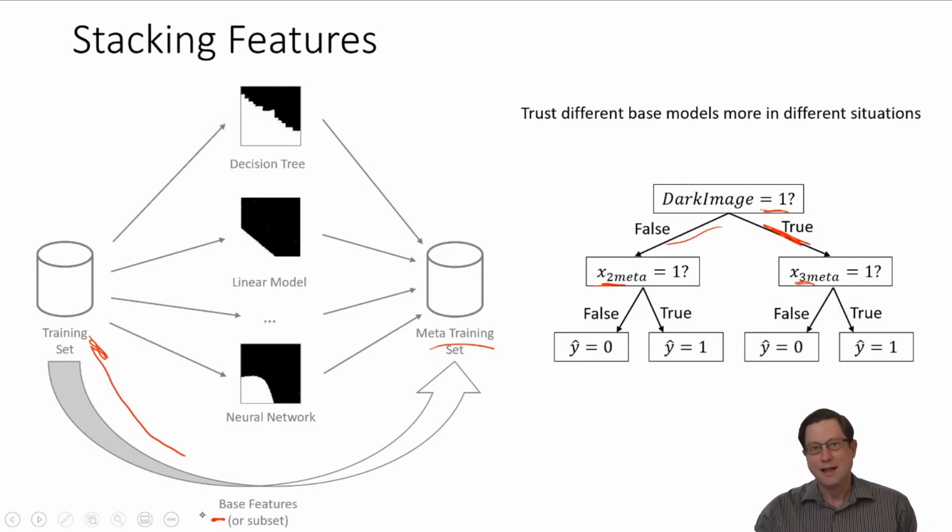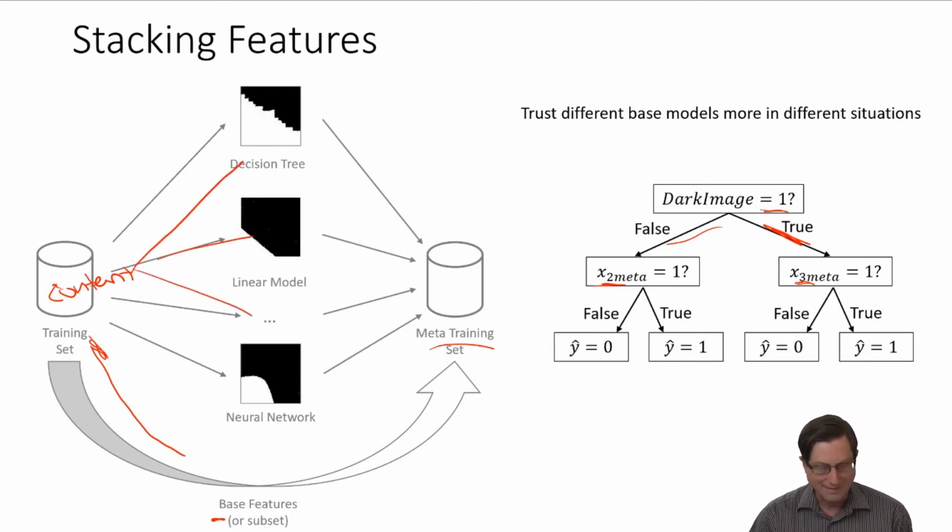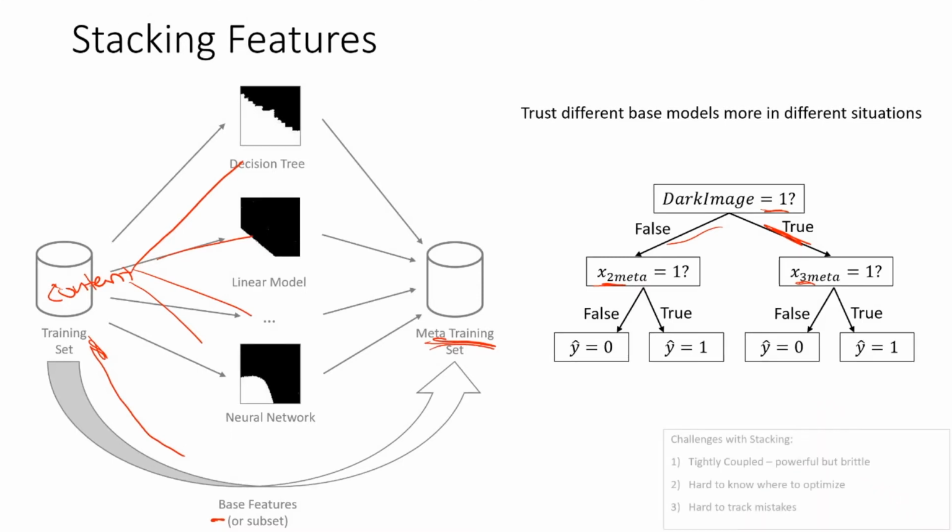And then maybe there's a whole bunch of content features, really the detailed features that these models need to focus on. And you say, well, I'm just going to rely on the base models to deal with those detailed types of decisions, and I'm going to let the meta learner be simpler and just combine some votes with a little bit of extra context to know when it should count one vote more than the other.